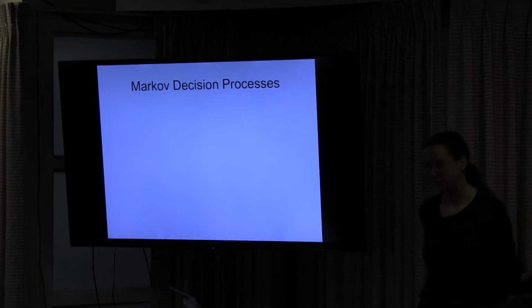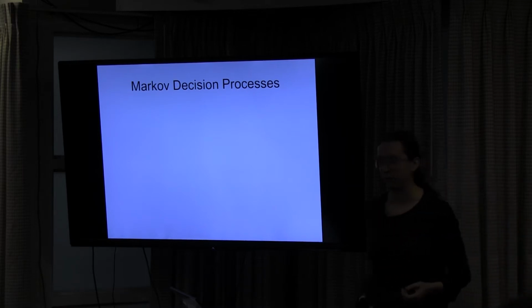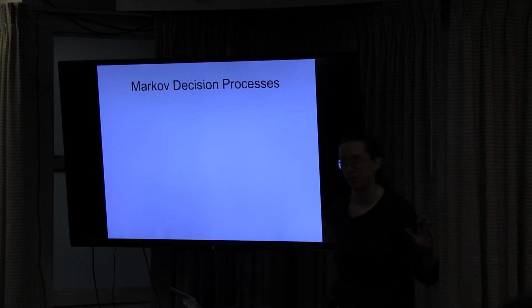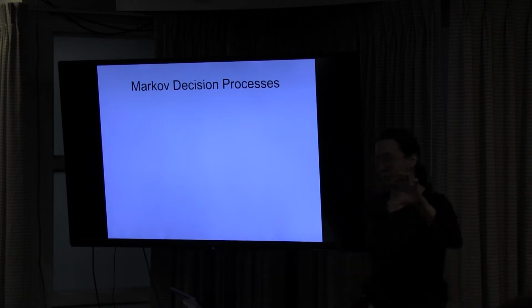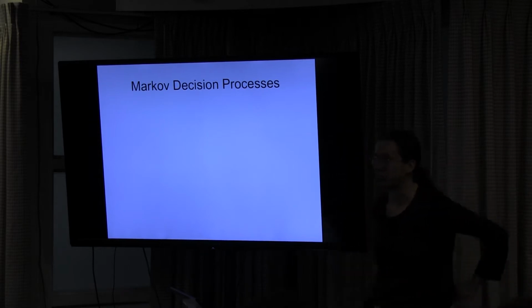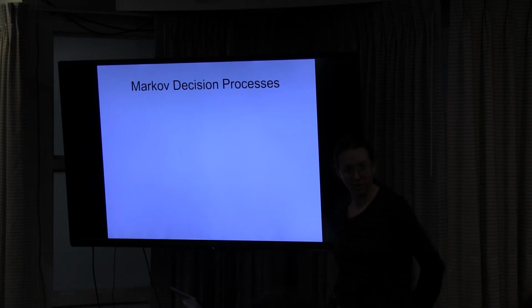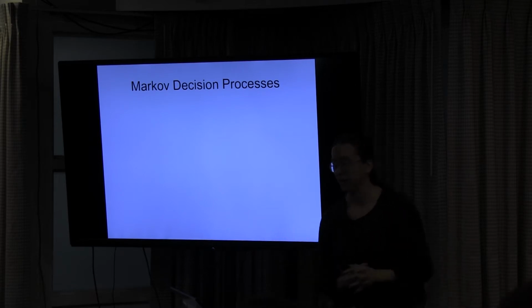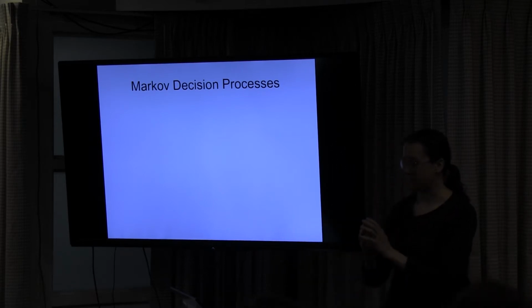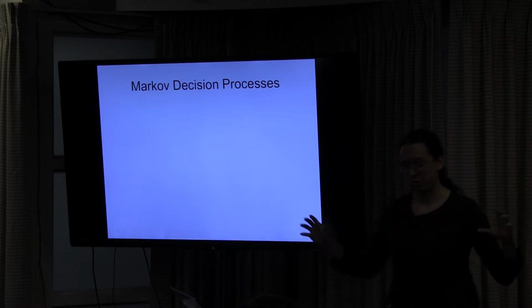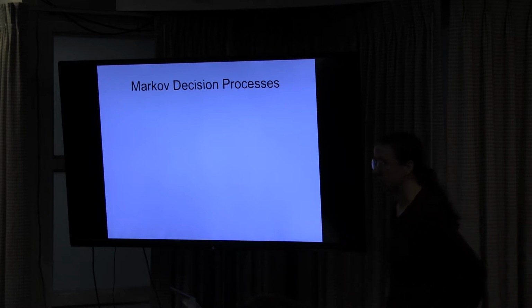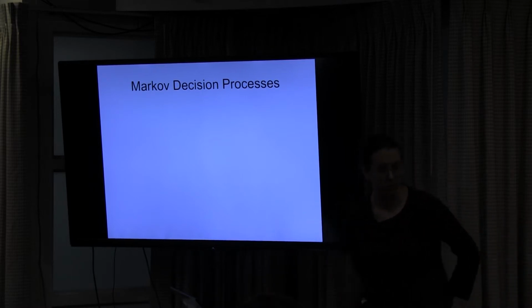If you're trying to decide whether something's spam or not spam, or whether this picture contains a person or not, the input leads to a single decision. So now we're going to put it all together in a way where we can show an agent making a sequence of decisions over time.